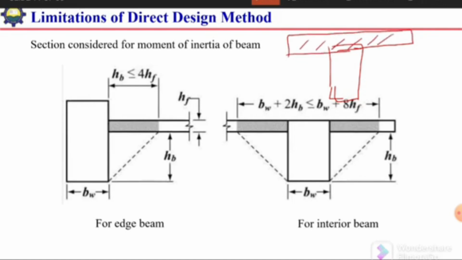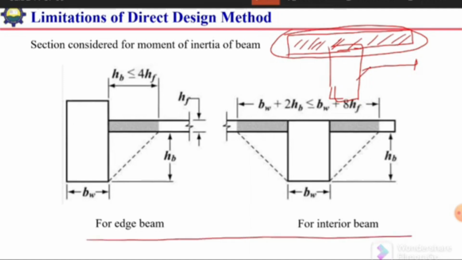We assume that this portion of the slab also acts as a beam or flange of the beam, which is under compression. So the question is how much length of this slab should be considered as part of the beam. There are limitations or specifications in the ACI code.